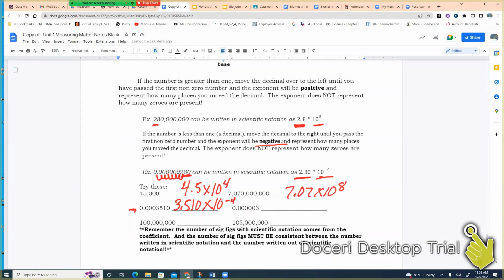And we'll do one more little one. 3 times 10 to the negative 6 or 7? Negative 6. All right. Notice we only had one sig fig, and we also have one sig fig at the end. So that's what this little bold note says: just remember to maintain your significant figures.